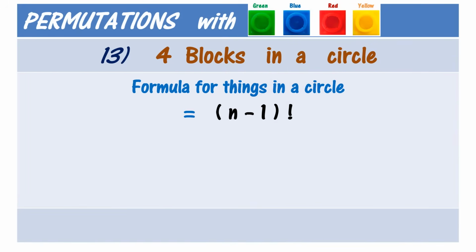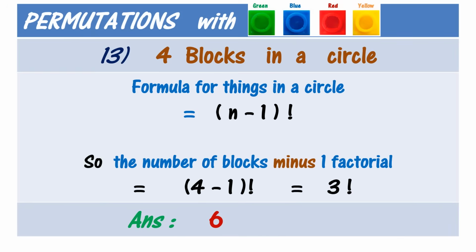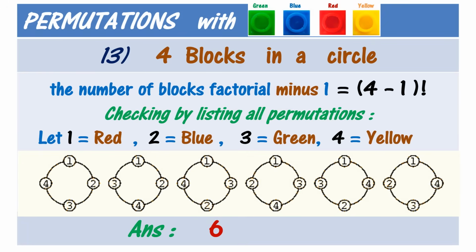And the formula is the quantity of n minus 1 factorial. So here we have 4, minus 1 is 3. 3 factorial. The answer is 6. The diagram lists the 6 possible permutations in a circle of 4 distinct things.